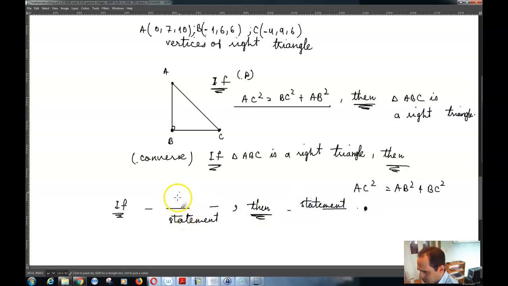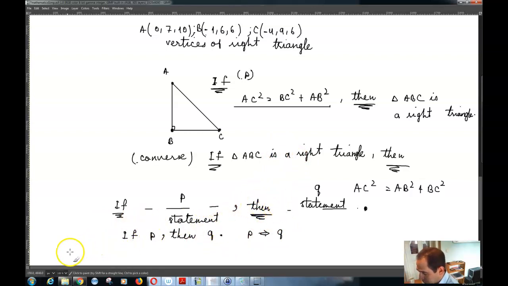So I can call this a statement P, and this a statement Q, and write if P then Q, which is the mathematical notation. That's basically that.